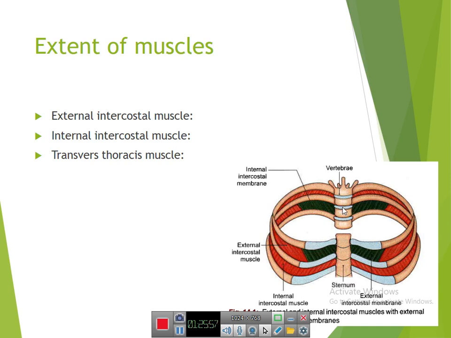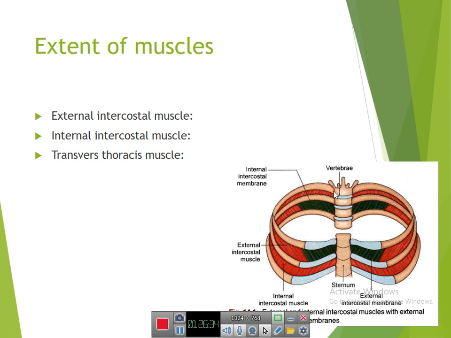The external intercostal muscles, in red color, extend from the tubercle of the rib. Where is it? Do you know where the tubercle of the rib is? Yes, exactly. In front we have the sternum, and in the posterior we have the vertebrae. And the tubercle of the rib is near the posterior aspect.